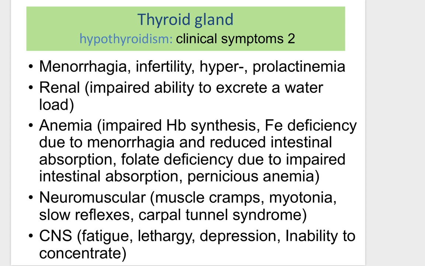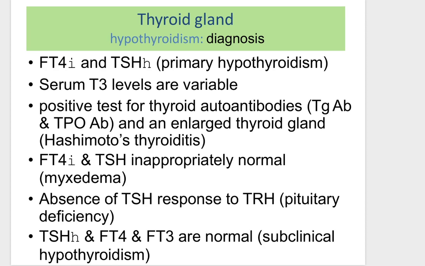Neuromuscular symptoms. It can be muscle cramps, myotonia, slow reflexes, carpal tunnel syndrome. Symptoms from the central nervous system include fatigue, lethargy, depression, inability to concentrate. Diagnosis: we should decide according to levels of T4 and TSH for primary hypothyroidism.